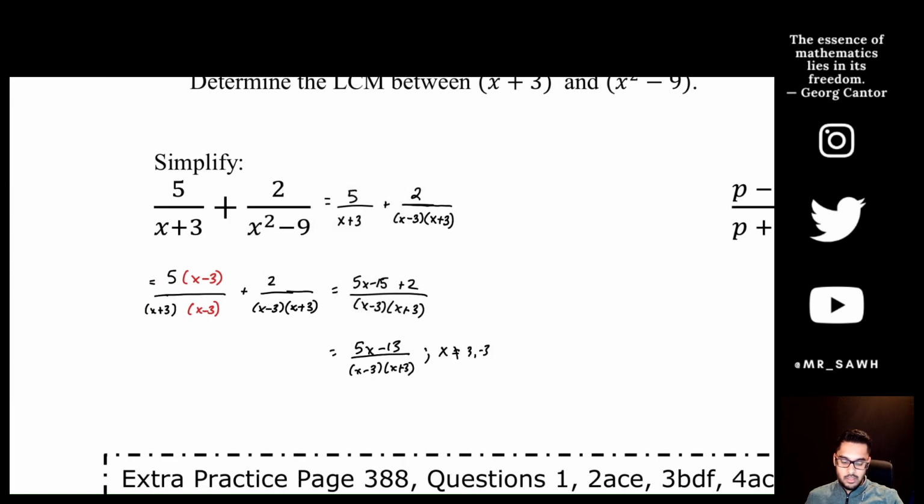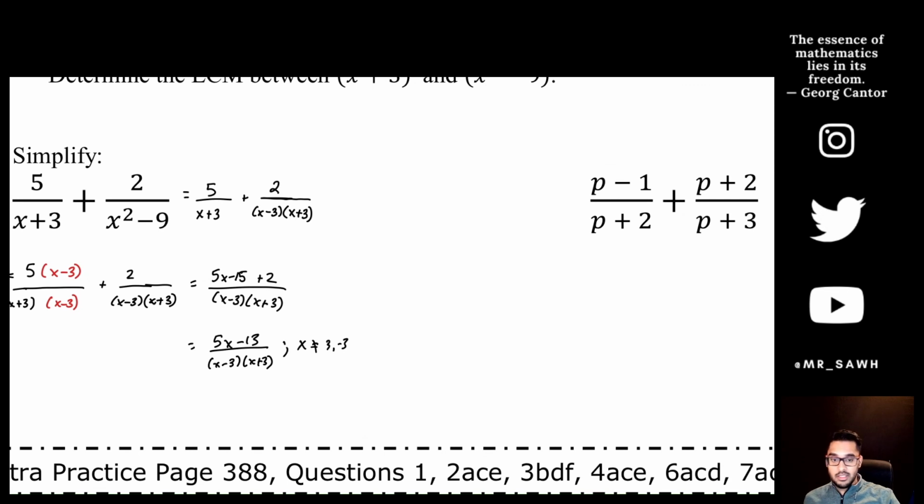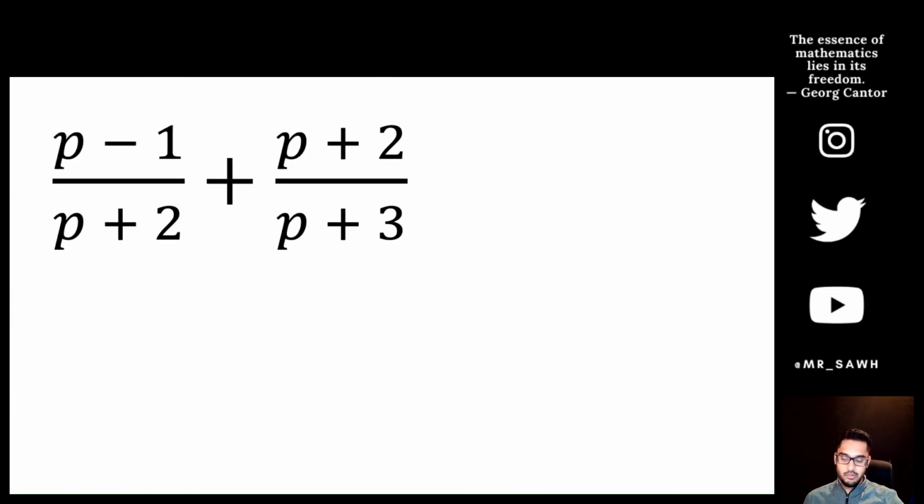Now, the same thing is true if maybe they're not a difference of squares, but maybe you have two completely different factors. It's possible, but the same rules apply. I still need a common denominator, so think about what's missing from each fraction. Well, the first one, I've got a p minus 1 in the numerator, a p plus 2 in the denominator, but the second fraction has a p plus 3 in there as well.